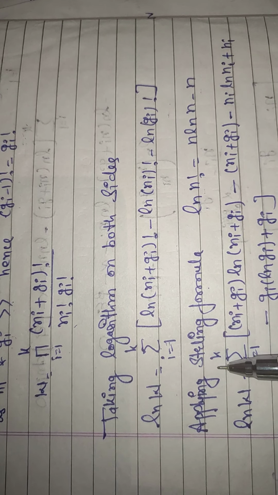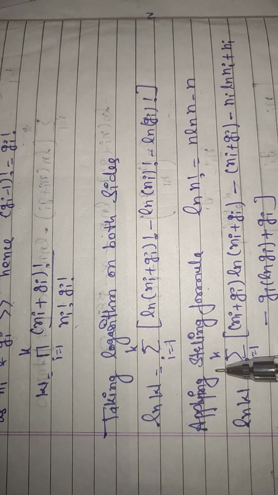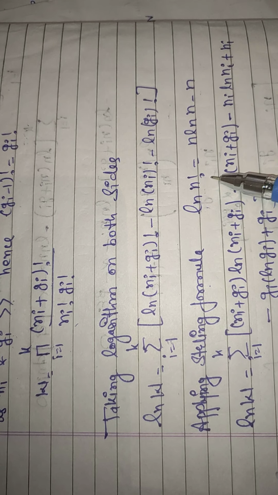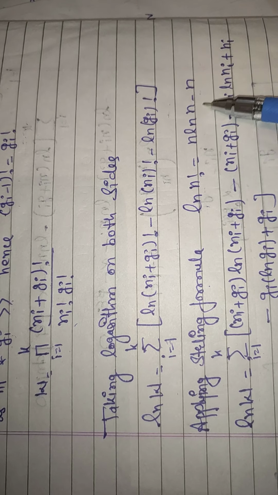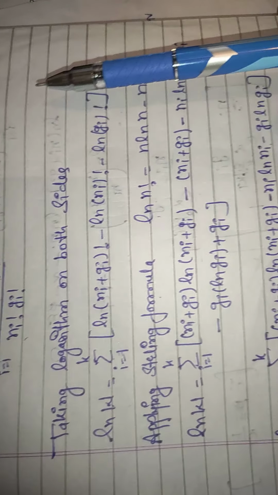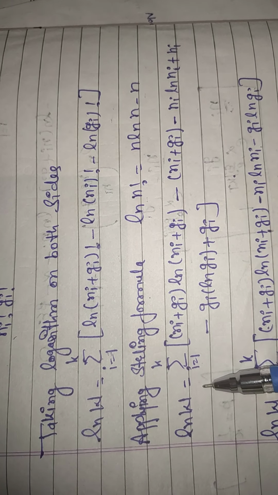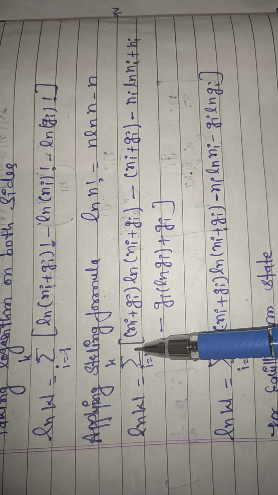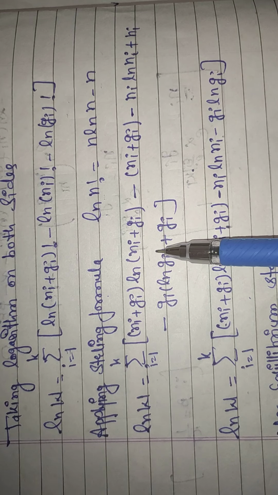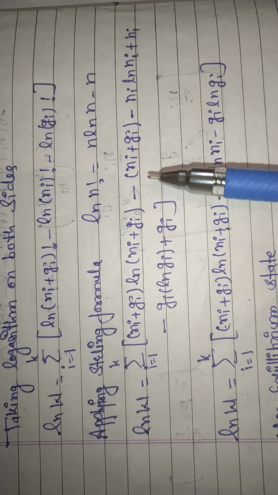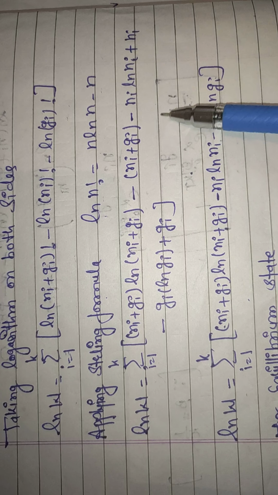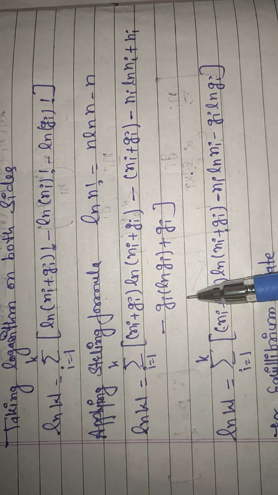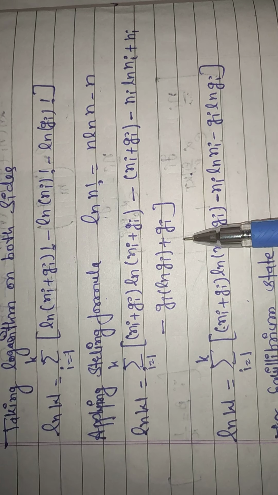So now you know that the Stirling formula for the logarithm of factorial says logarithm of n factorial is equal to n log n minus n. Hence, solving further, logarithm of W is equal to summation of i equals 1 to k (ni plus gi) logarithm of (ni plus gi) minus (ni plus gi) minus ni logarithm of ni plus ni minus gi logarithm of gi plus gi.